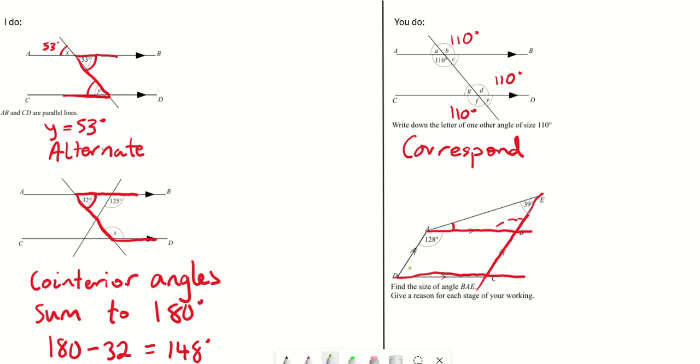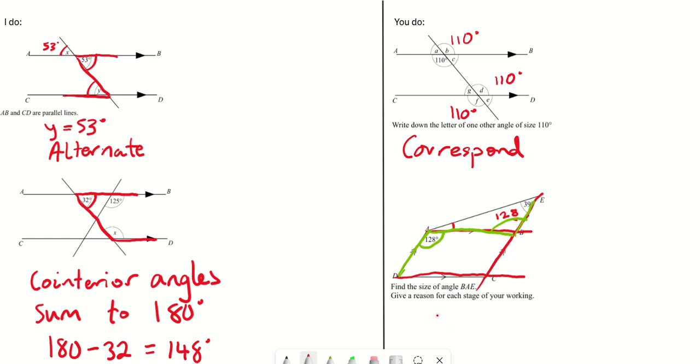To find that one here first, I could say we use this line, and this line. So these angles here are actually alternate. So the angle inside here is actually 128.